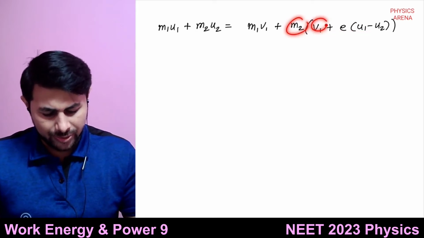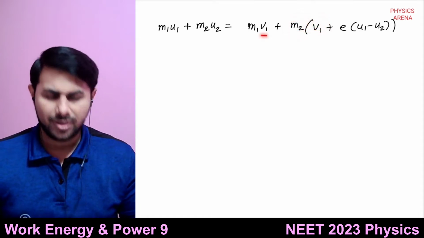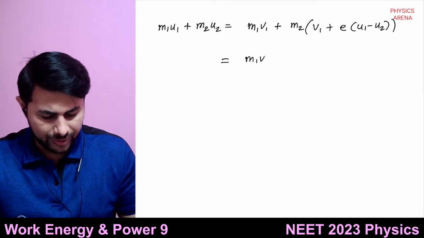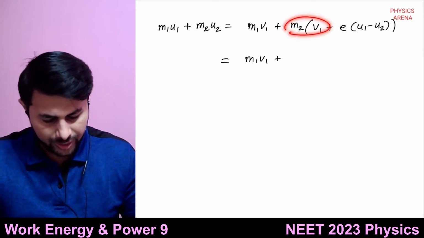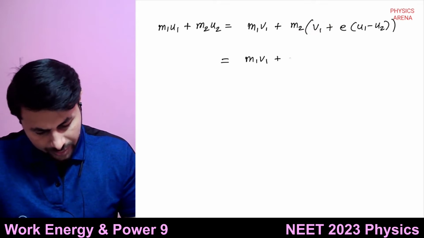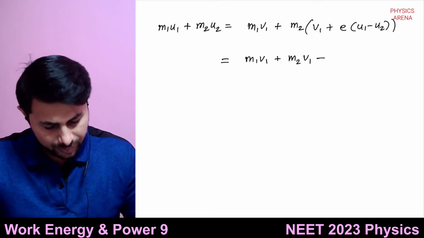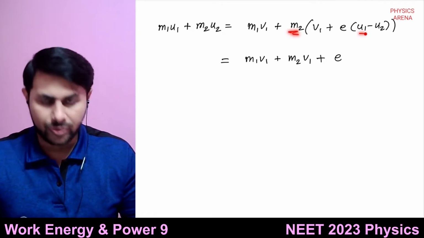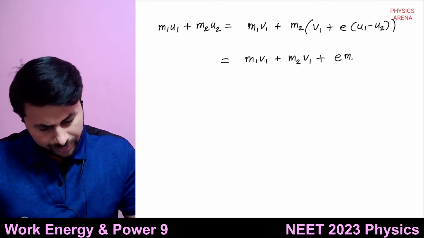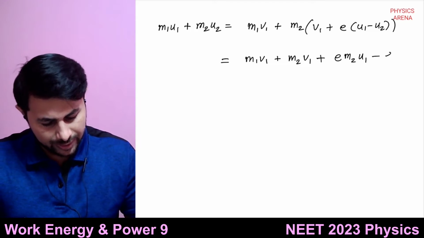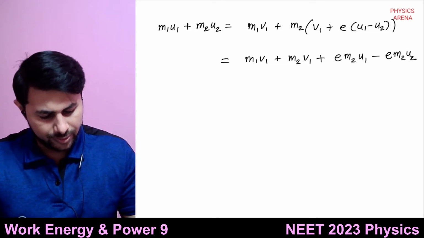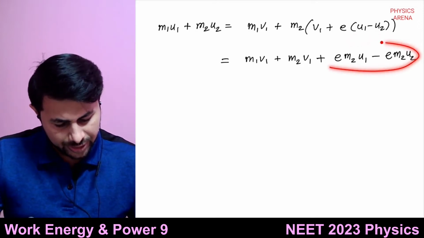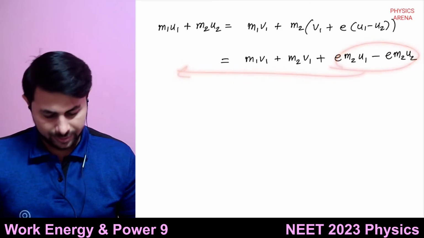So let's multiply out and solve for v1. Okay, it is very simple. So this is equal to m1 v1 plus m2 v1 plus e times m2 u1 minus e times m2 u2, right? We can do this, and then shift this to the left hand side.